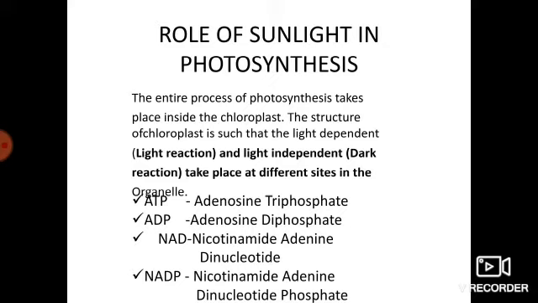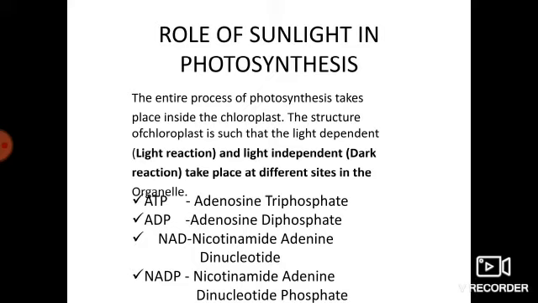Next one is role of sunlight in photosynthesis. The entire process of photosynthesis takes place inside the chloroplast. The structure of chloroplast is such that the light dependent and light independent reactions take place at different sites in the organelle.